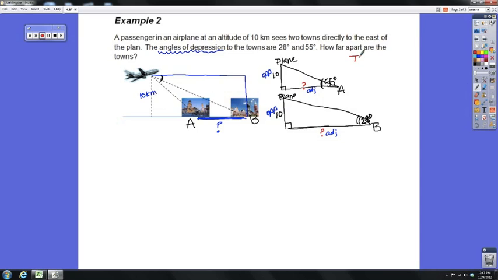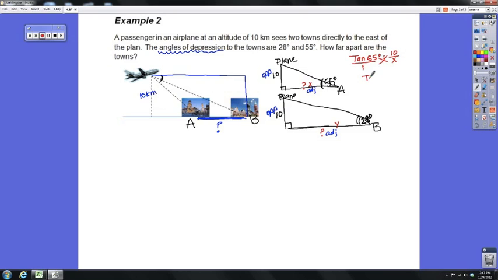So this is going to be tangent of 55 equals opposite, which is 10, over, I'll use x for this one, and I'll use y for that one. Now this one is a little different than the one I just did with you. If you put tangent over one and cross multiply, you're not going to be multiplying 10 times tangent of 55.